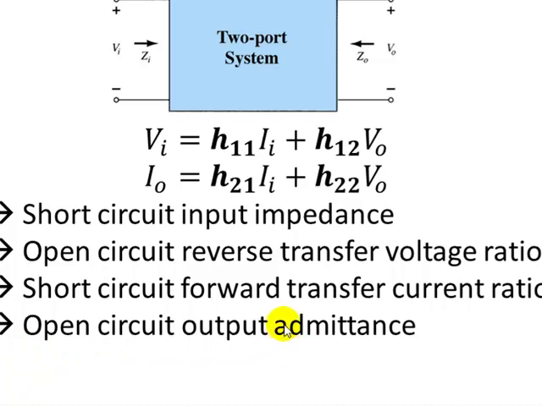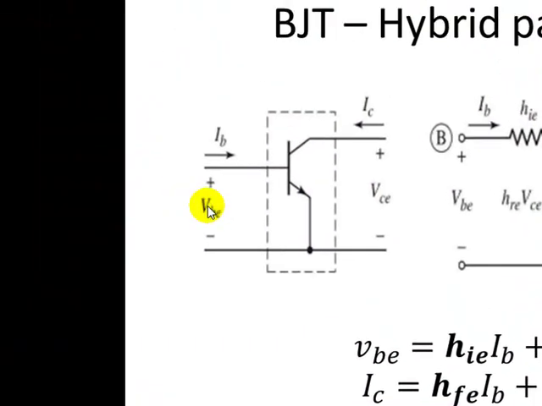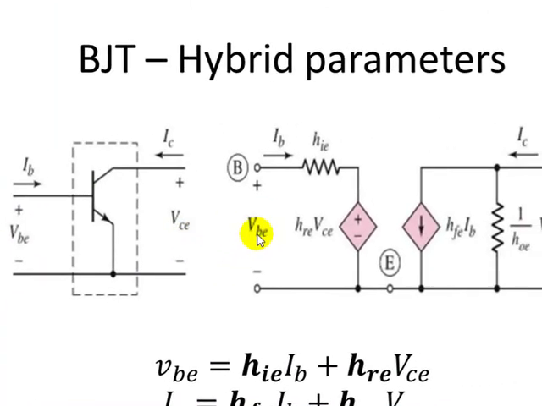Let us see how we can model a common emitter NPN BJT transistor as a two-port system. Emitter is common, so we have two ports here. Base emitter is the input port, collector emitter is the output port. So we are modeling base emitter as the input port, and the voltage applied to the base emitter junction is VBE, that is the input voltage, and the current flowing into the system from the input port is IB.